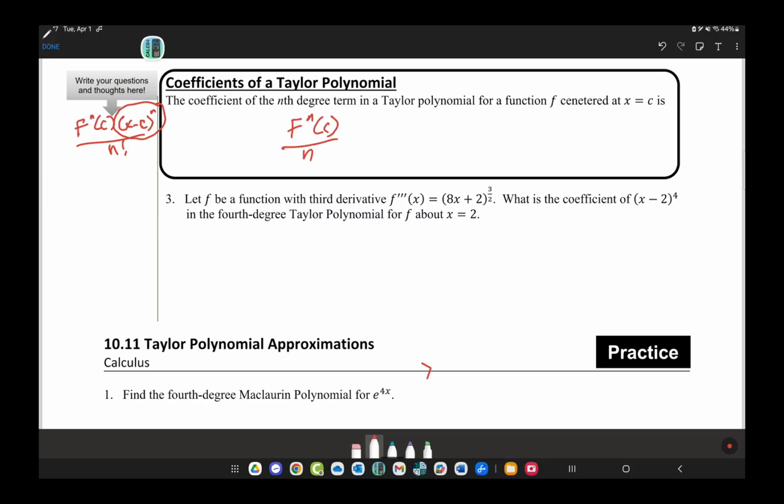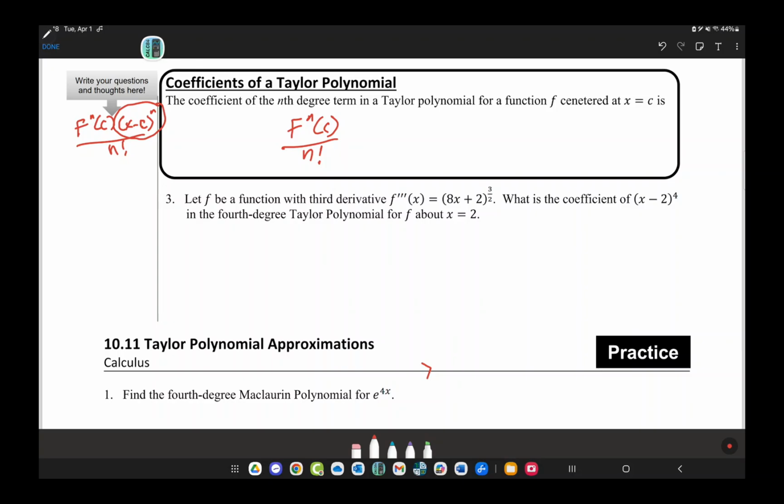This is your coefficient. So if you're asked for a very specific term, you don't have to do all the work that we just did. Just find the coefficient and multiply it by x minus c to the n power.